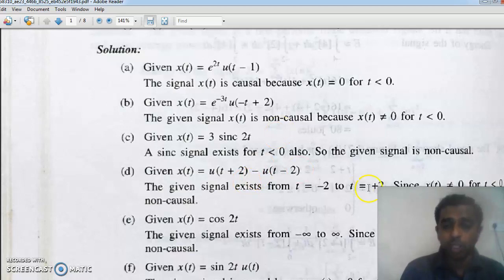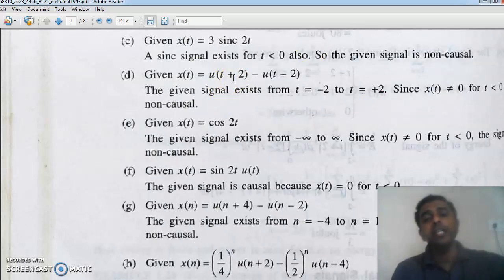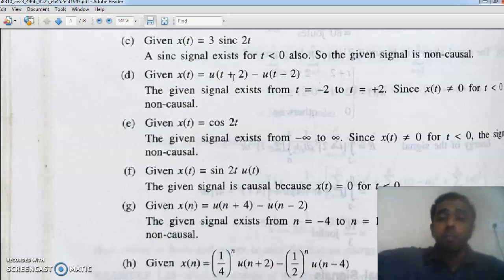Okay, now what about this one? That is u of t plus 2 minus u of t minus 2. What is the value? u of t plus 2 is nothing but it starts at t is equal to minus 2 and extends up to plus infinity. And what is u of t minus 2? It starts at t is equal to plus 2 and extends to plus infinity.